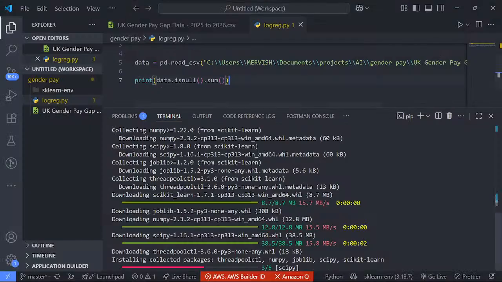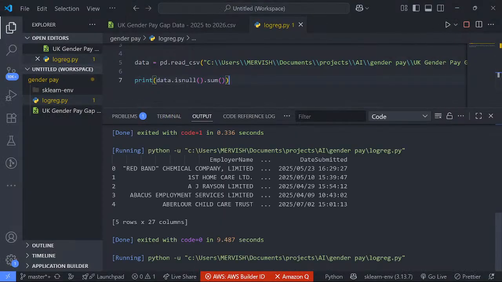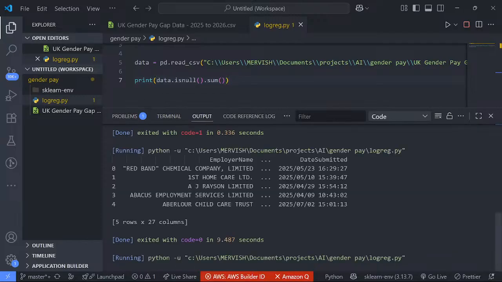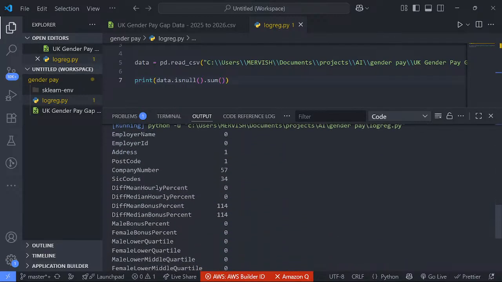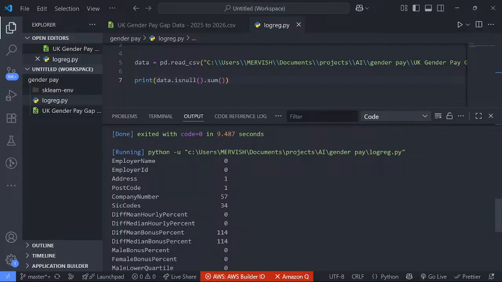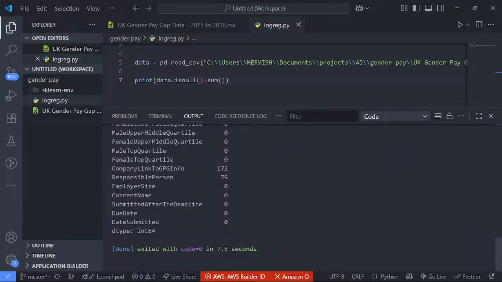I should get a lot of data from it. Let's run it. The good thing about it is I can run it this way. So what does it actually mean? So 0 missing data.